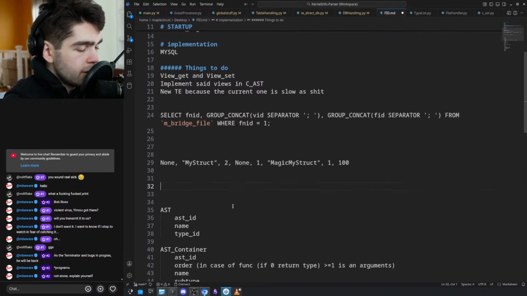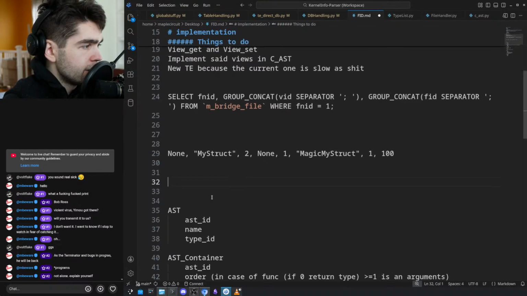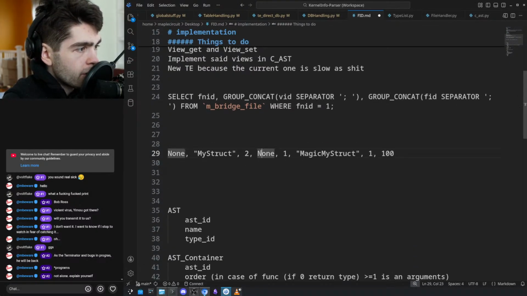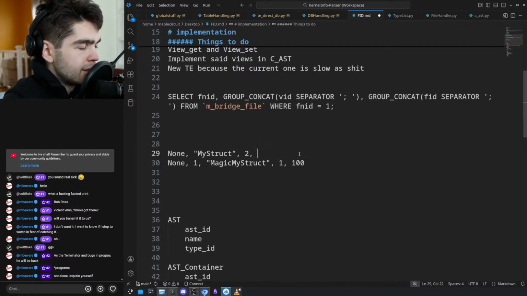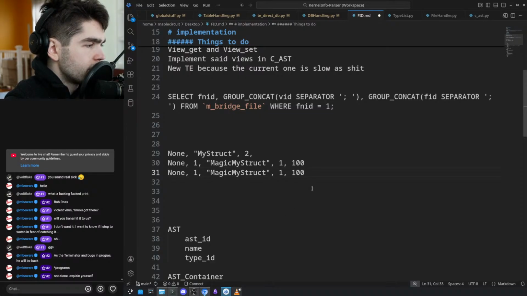Can I zoom in, please? Okay, thank you. Alright, so here are our values. Let's just lay them out like this. Now the big issue here, like this works in and of itself. But as soon as we do this, we're kind of cooked.